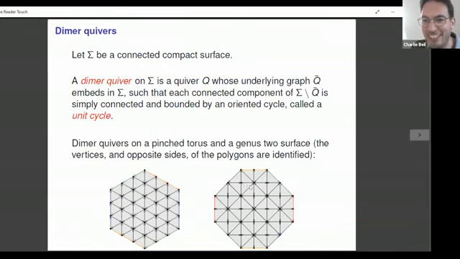I don't know. But these little cycles here are the unit cycles, and notice that the arrows go around these little cycles. From this definition, there can't be any holes or anything within the unit cycles, but all these little cycles are the unit cycles.